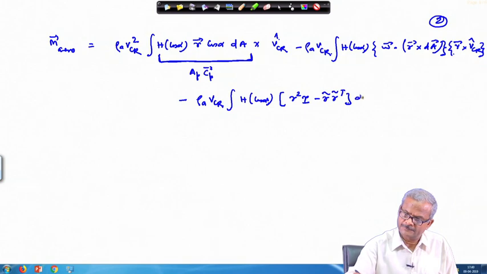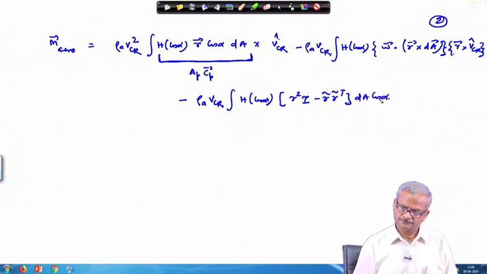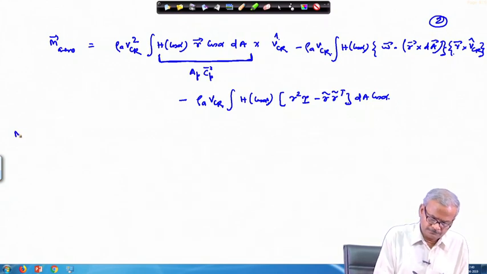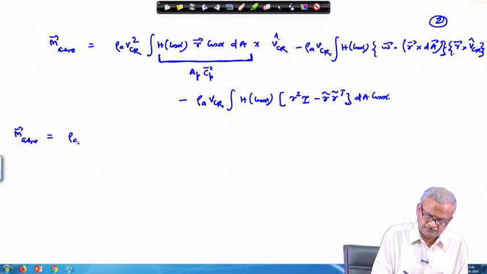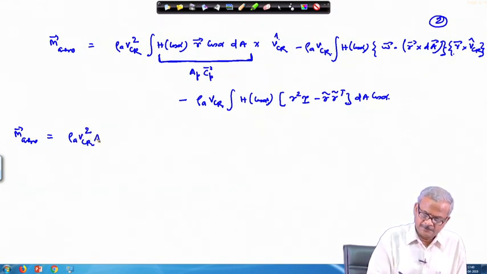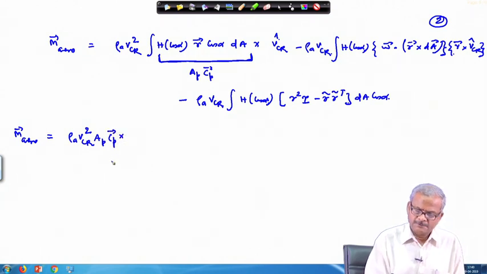So for this we put here dA cos alpha, V_CR squared A_P times C_P cross, or if we put it in the matrix notation.